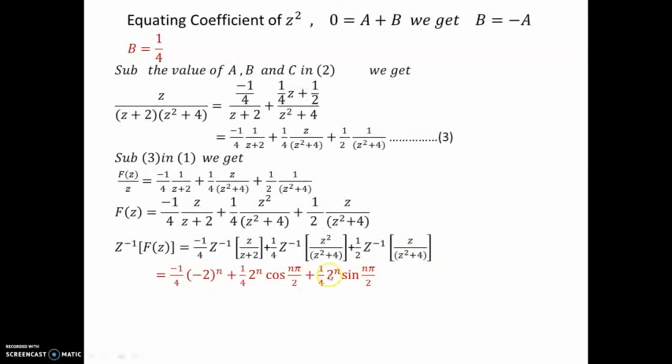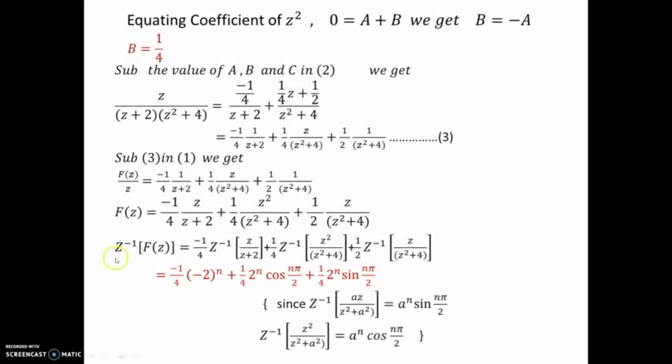Here a is 2, we get 2 power n sin n pi by 2. So, which is the f of n. So, z inverse of z divided by (z plus 2)(z squared plus 4) gives this sequence: minus 1 by 4 into minus 2 the whole power n plus 1 by 4 into 2 power n cos n pi by 2 plus 1 by 4 into 2 power n sin n pi by 2.